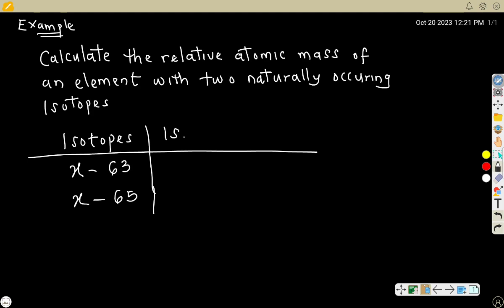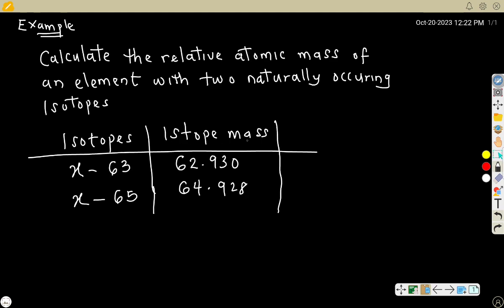For the isotope masses, we have 62.930 and 64.928. This is the isotope mass you will use, because it is the average.